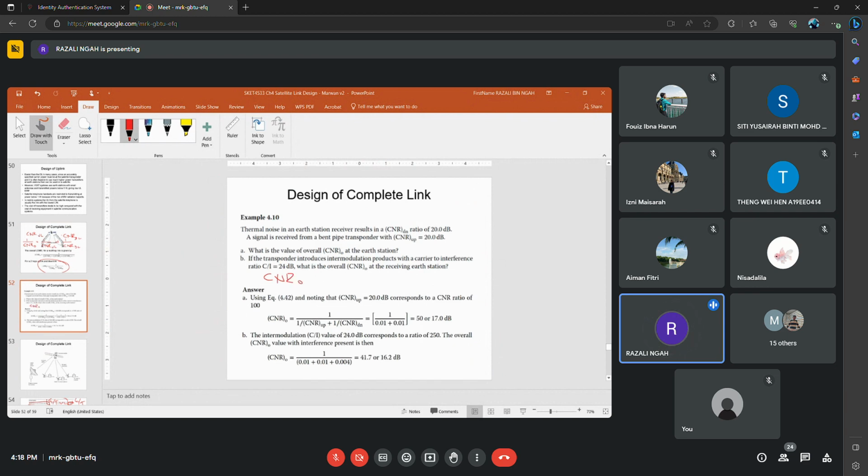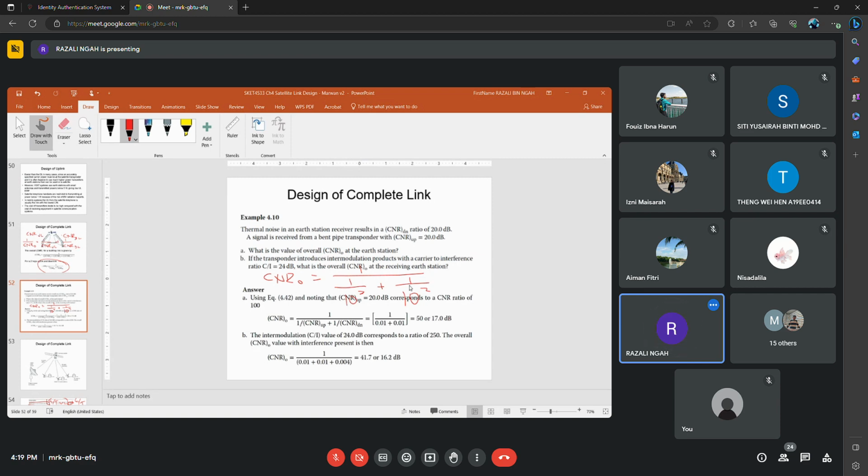CNR overall is 1 over uplink, so you convert to linear, and the same thing for downlink. 20 dB converted to linear is 10 to the power of 20 divided by 10, so 1 over 100, which gives 0.01.